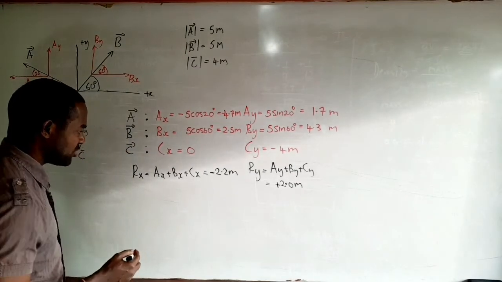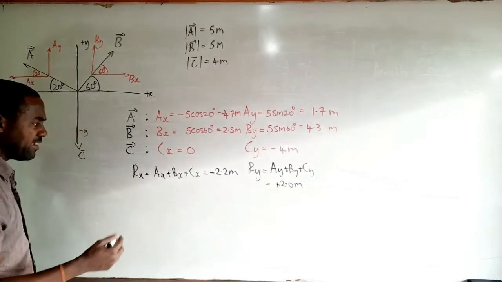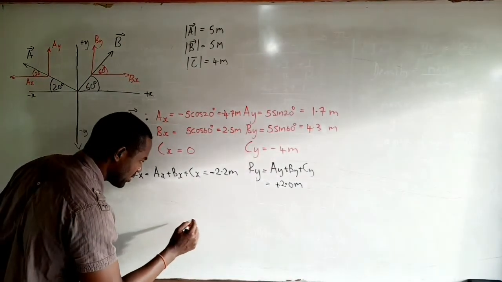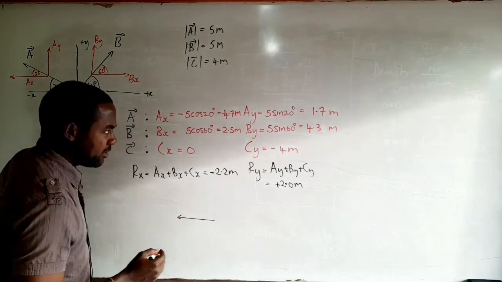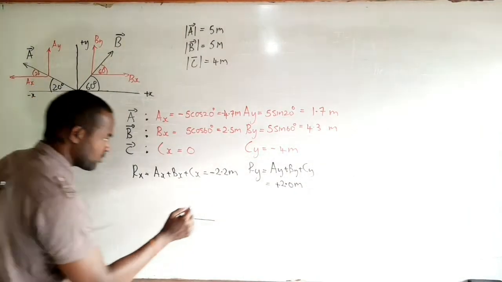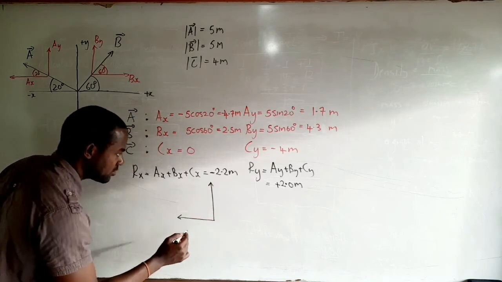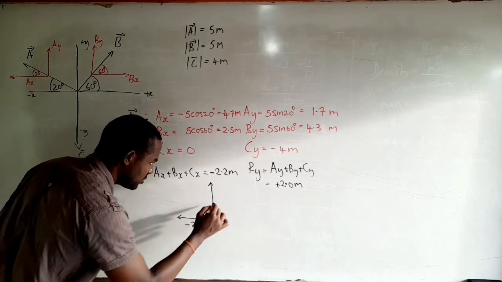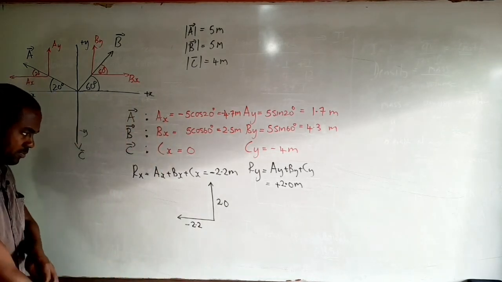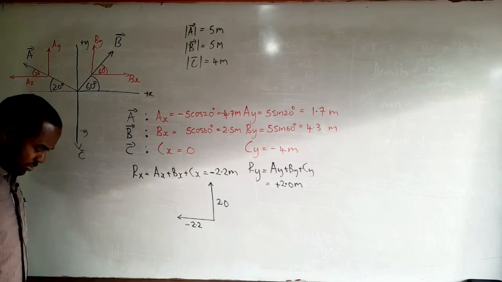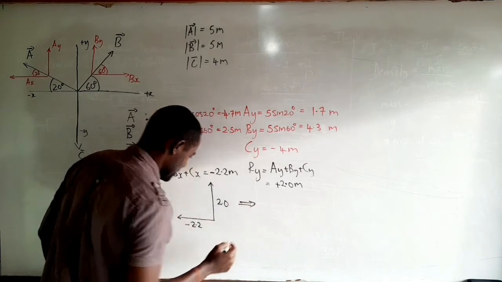So in the x direction, we have a vector of component minus 2.2, which of course acts in the negative x direction. So it basically acts like this, right? And in the y direction, we have plus 2. So this is minus 2.2, this is 2.0, right? If we redraw this diagram so the vectors run tip to tail, then it looks like this.